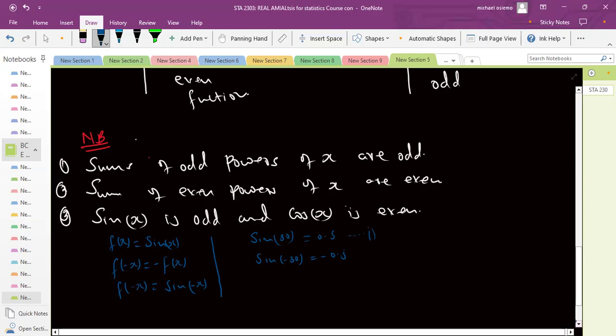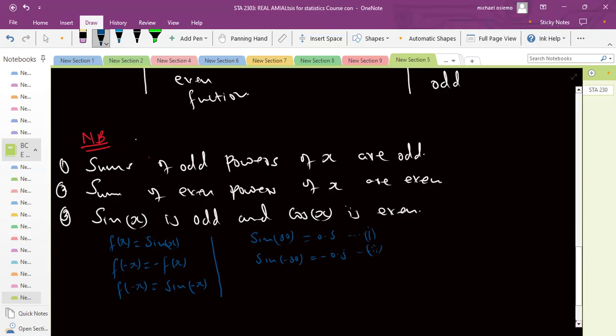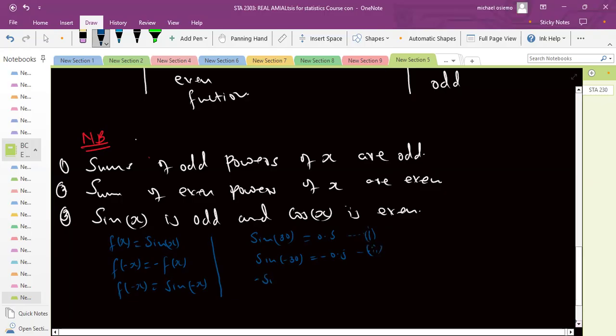That implies that negative sine 30 is equal to negative 0.5. So that indicates that f at negative x is equal to negative sin x, and sin x is our f of x. So f at negative x is equal to negative f of x, and that tells you that sine is an odd function.